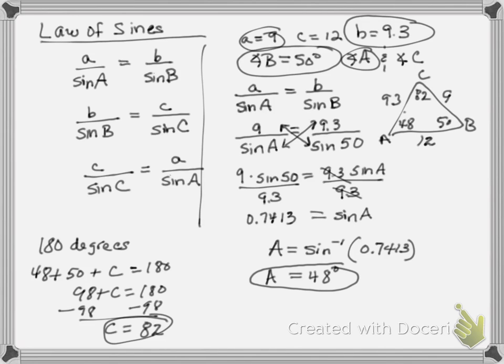So across from my largest angle should be my largest side length, and across from my smallest angle should be my smallest side length. So that is correct.